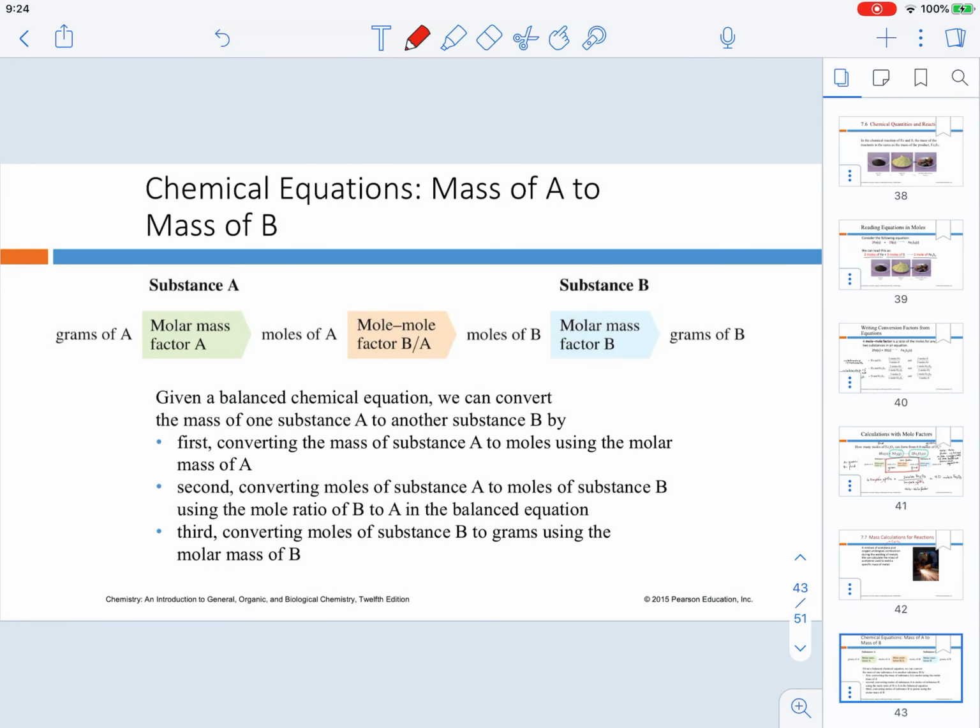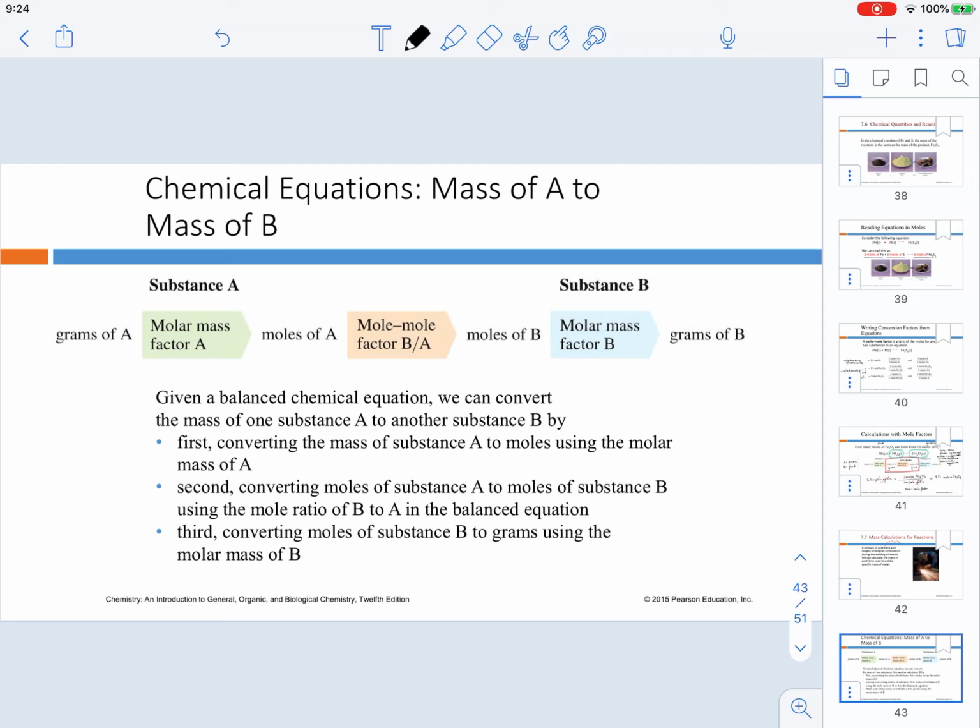Understand that whenever we are doing mass-to-mass calculations, we're going to be utilizing the same flowchart that I just introduced to you, that we utilize to compare moles of two substances within a chemical reaction. Remember that in the previous problem, we were given moles of one substance and were trying to determine moles of another.